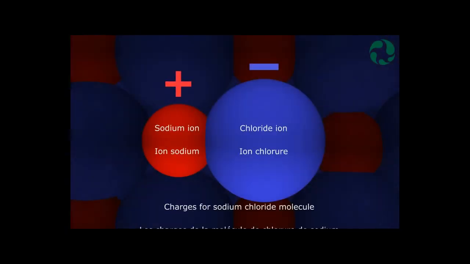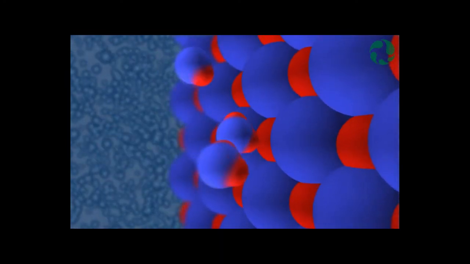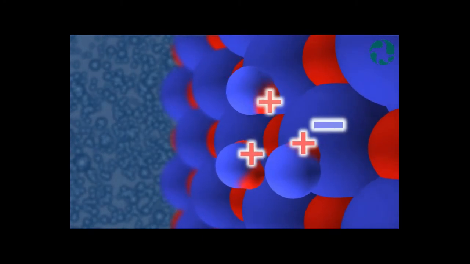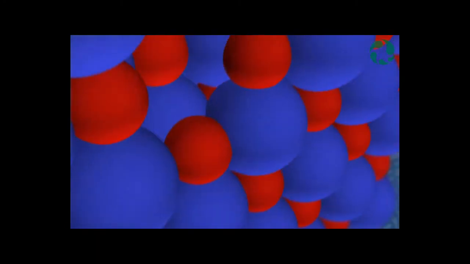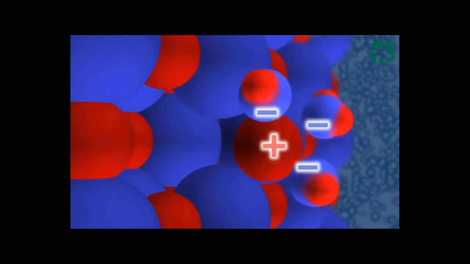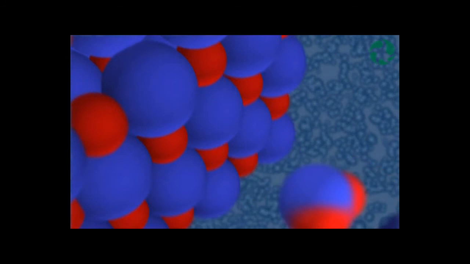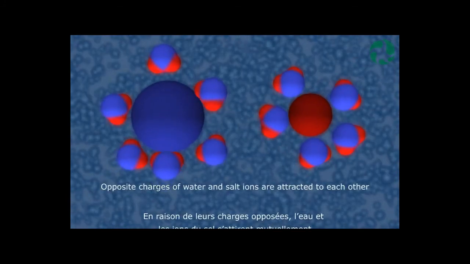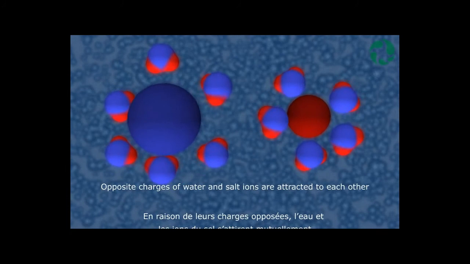magnet, right? So what's going to happen is that the sodium ion has a positive charge, the chlorine ion has a negative charge. So these little magnets, basically the water molecules, are going to be attracted to either the chlorine or the sodium because of the charges, and they're going to start pulling the sodium away and the chlorine away from the actual block of salt.